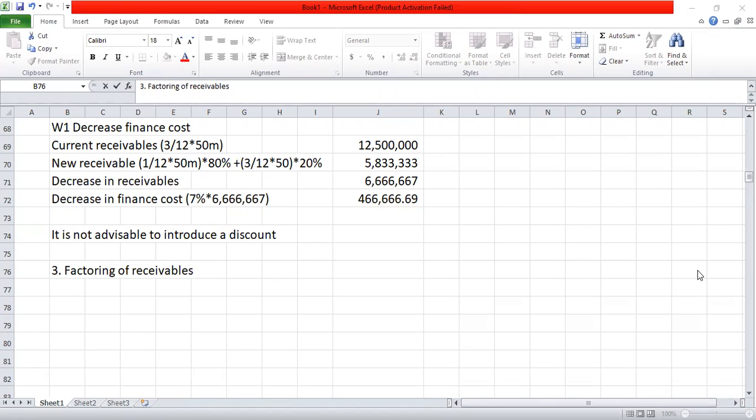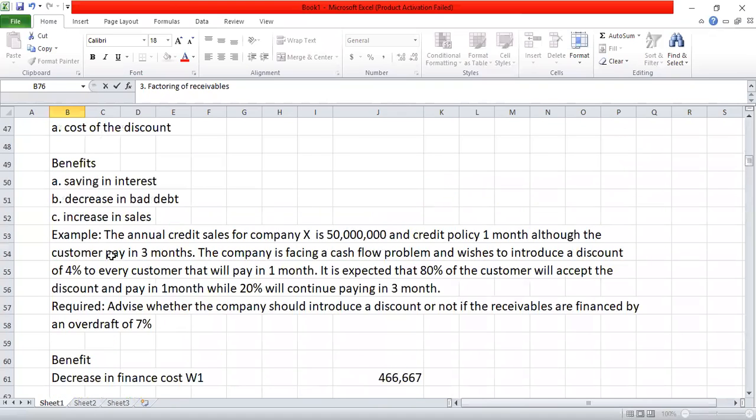Mugwiza, on current receivable, why did you consider 3/12 only? If you look at the question, Mugwiza, it said the policy is 1 month, but customers are paying in 3 months. So what is going to be your receivables at the end of the year if customers are paying in 3 months?